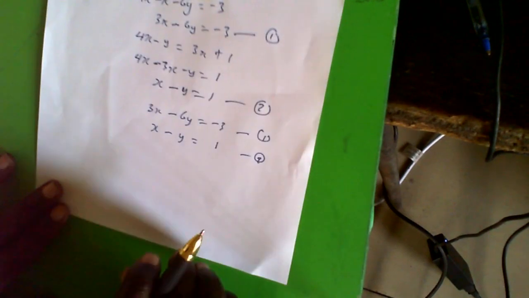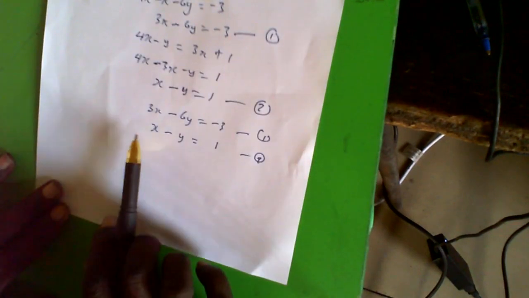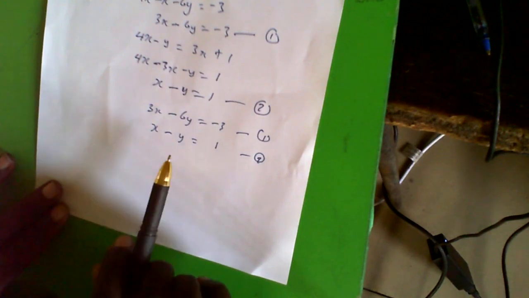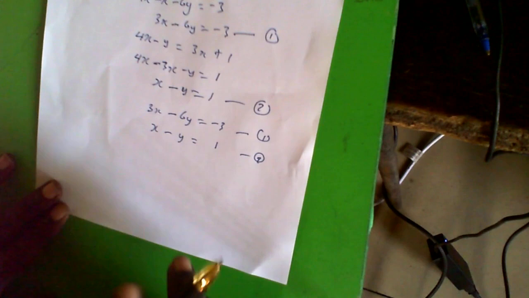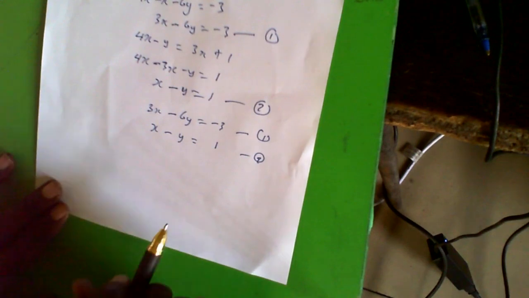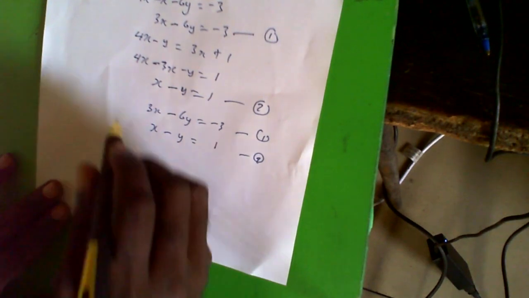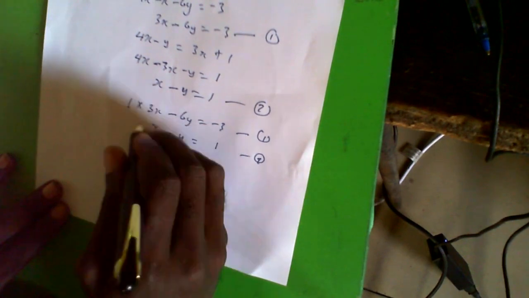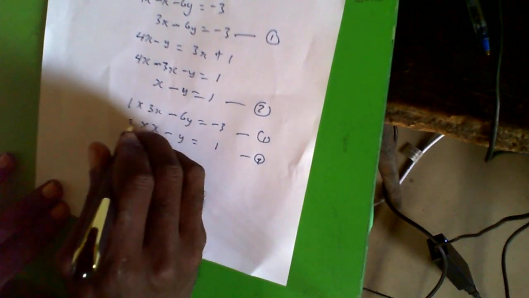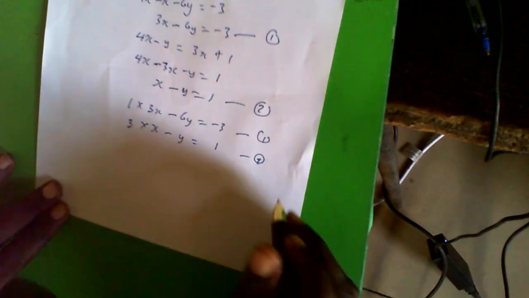So what are we going to do now? We want to try to eliminate x or y. We can use the substitution method, or what we are using now, the elimination method. To eliminate x, we use 1 to multiply equation 1 and 3 to multiply equation 2.